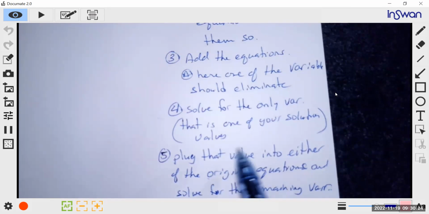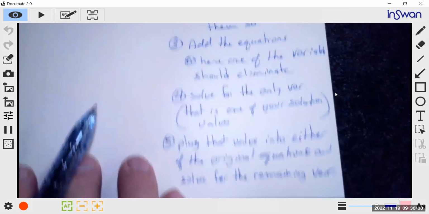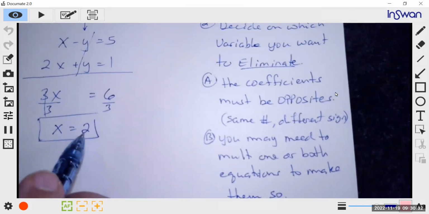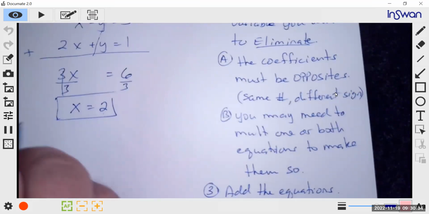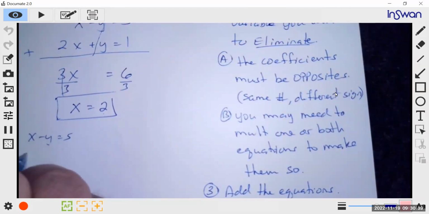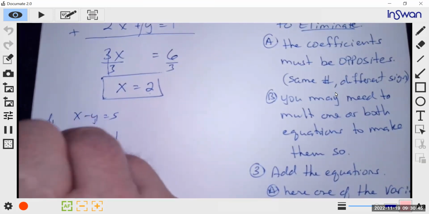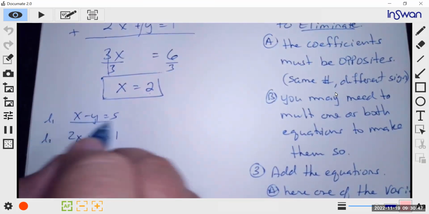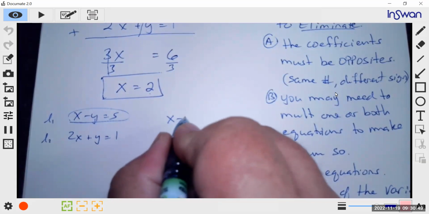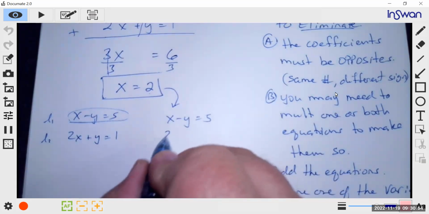So here, plug that value just found into any one of the original equations, and that's your remaining variable. So we know that x equals 2. I look back in the original equations. I'll use the first one. Anywhere I see an x, I put a 2.